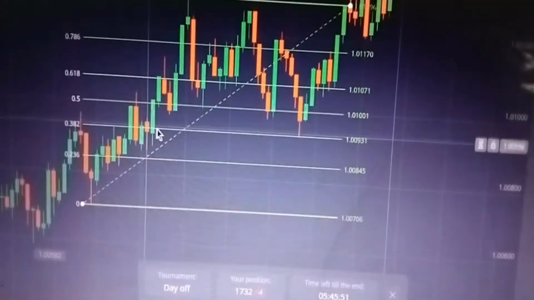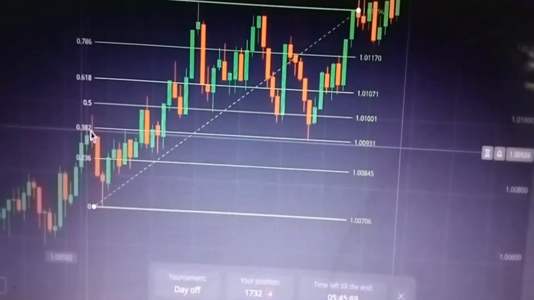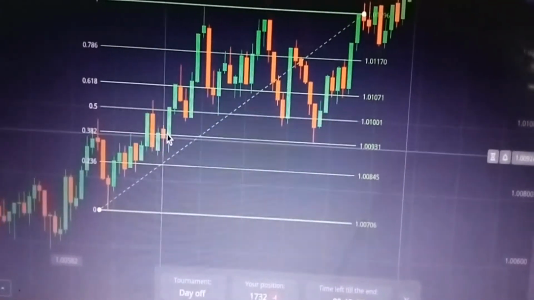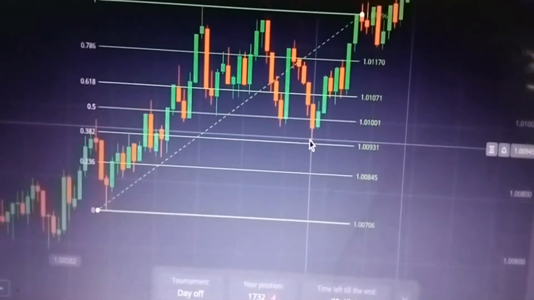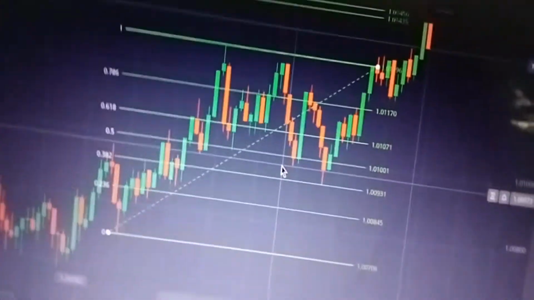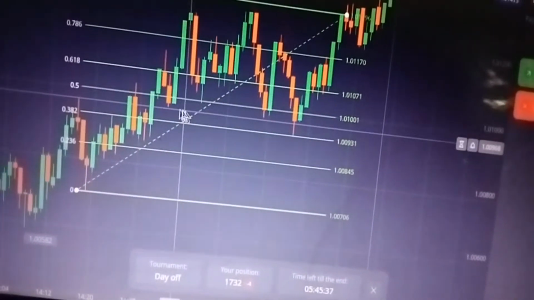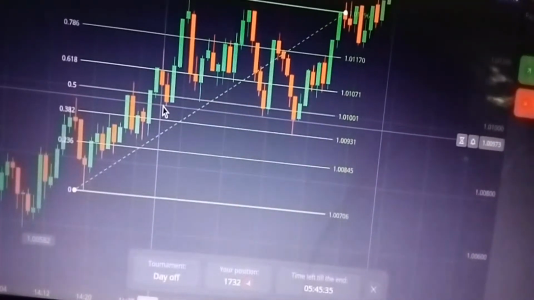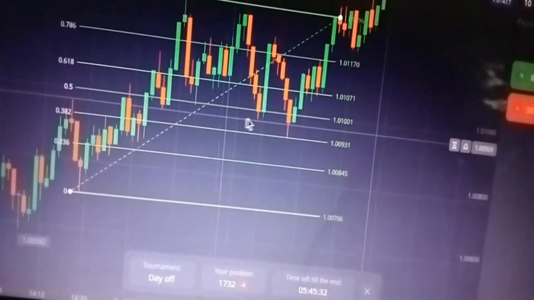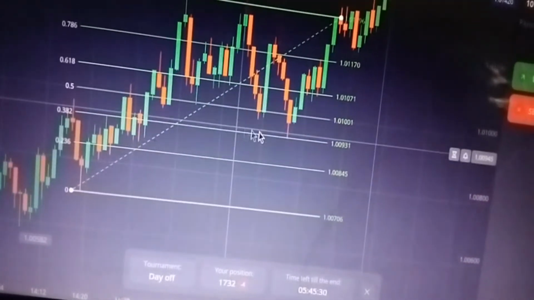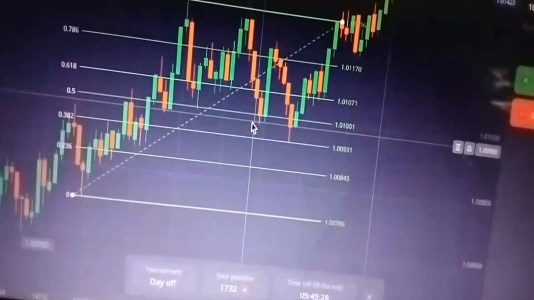As you can see, this is aligned with the 38.2 right there. This order block, it hit it and it pumped, right? So this low is taken, and this low is also taken down there. Equal lows, it made equal lows.